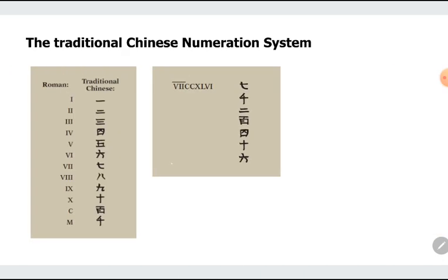We can also see that here, the Roman numeral VII with the bar means 7,000, right? So 7 times 1,000. How do they write CC? CC is 200, so you need two of these. So you will write the symbol for 2 first, and then the symbol for 100. So 2 times 100.